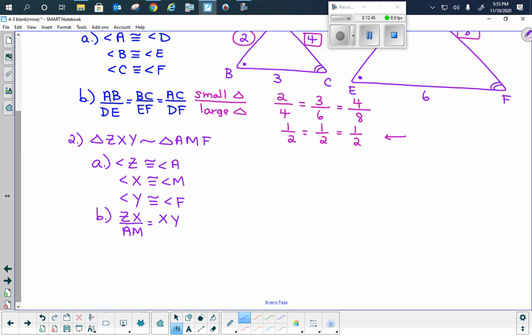So side XY over side MF would equal the first and the third, so side ZY over side AF. Okay. Go back and rewatch that if you need to. That should be simple, straightforward, based on matching them. Let me know if you need some clarification.